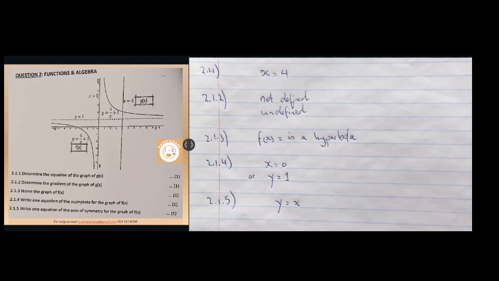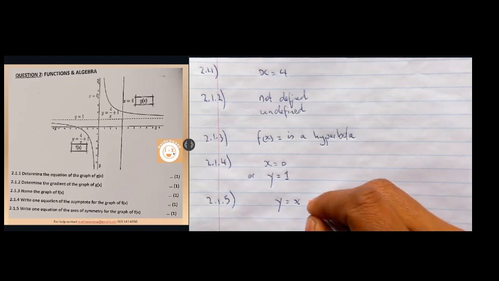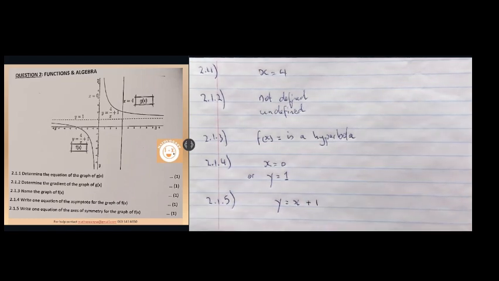It has moved up by 1. Okay, so you'll say y = x plus 1. All right. And did it move to the left? No, it didn't move to the left. So you are not going to have to change this.